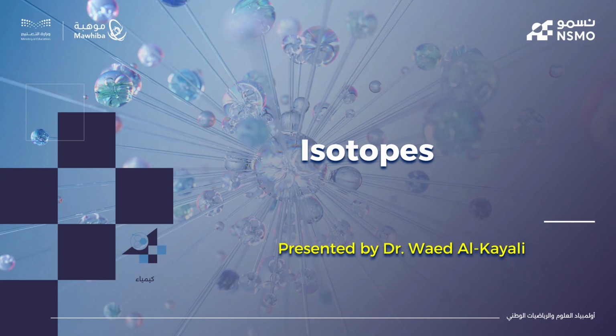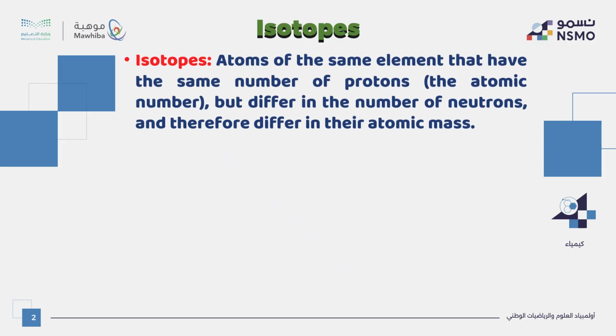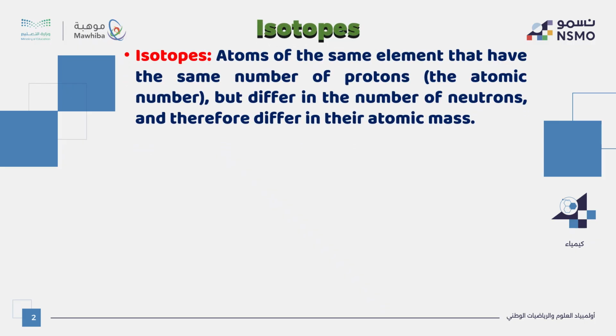Today we are going to learn about isotopes. Isotopes are atoms of the same element that have the same number of protons, which means they have the same atomic number, but they differ in the number of neutrons.